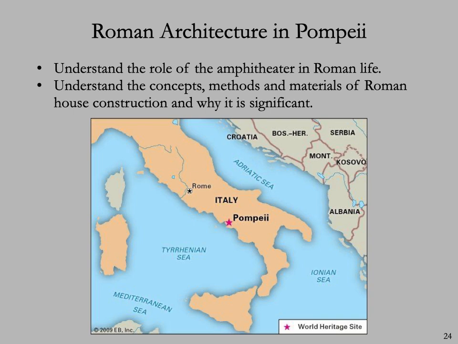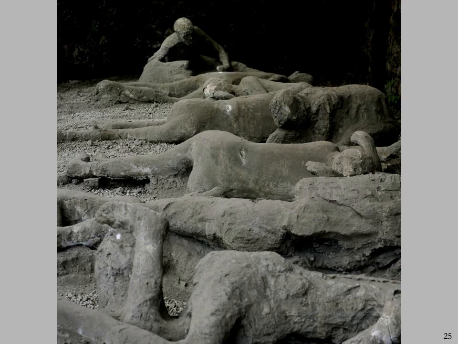It's most famous for the fact that in 79 AD, the volcano Vesuvius erupted, leaving the city buried in a layer of ash. So this is both a very tragic and horrific event, but it's also very important for excavation purposes because the city was left almost completely intact under that ash.